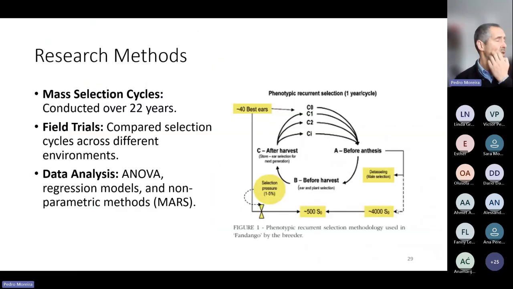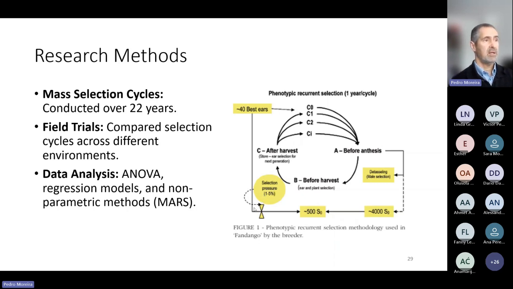So this was done, and these research methods were applied to our population, to our synthetic population, with tasseling. In making the male selection, we select about 4,500, to obtain more or less a selection pressure of about 1 to 5%.